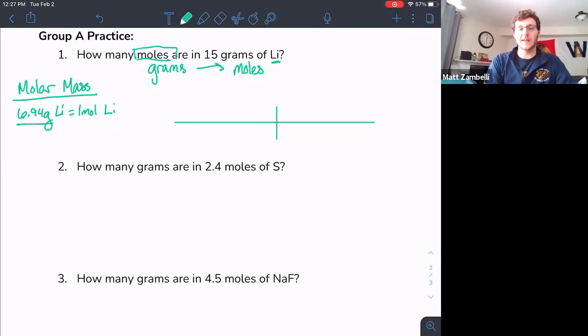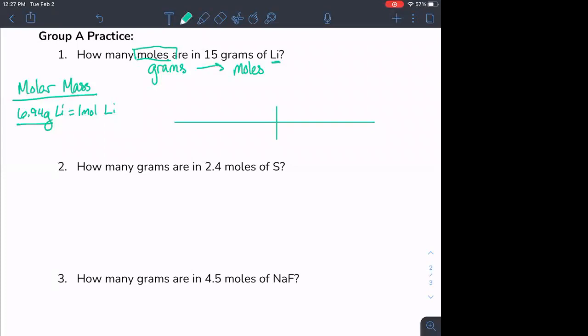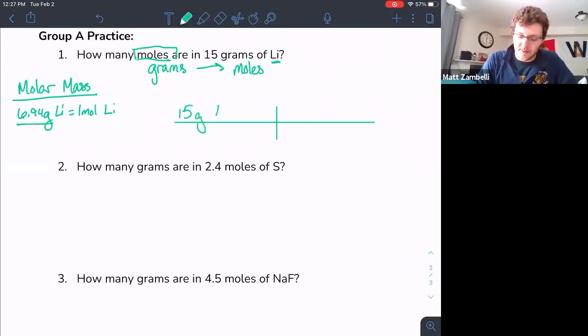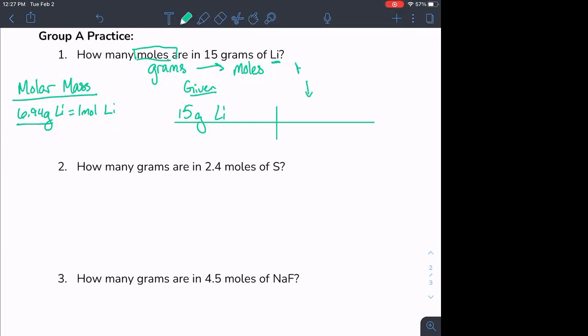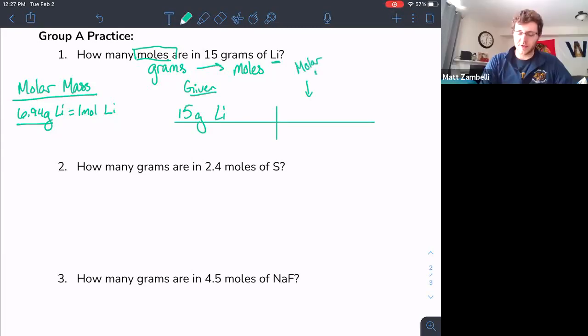So our given must be the other part, which is what? 15 grams of lithium. The 15 grams of lithium is going to be our given. And now what do we use in this second column right here? If our given goes here, what goes in the second column? Molar mass. Our molar mass, or our conversion factor.